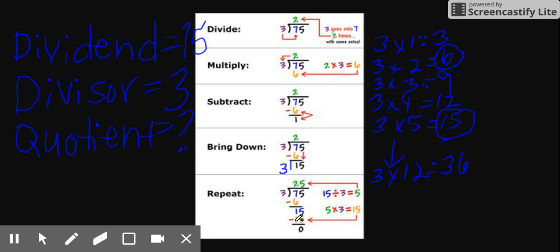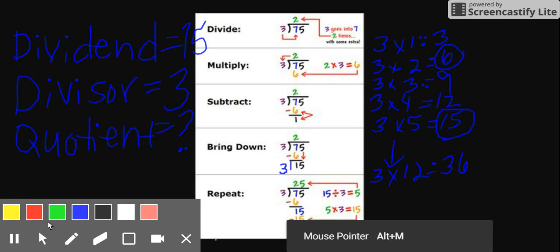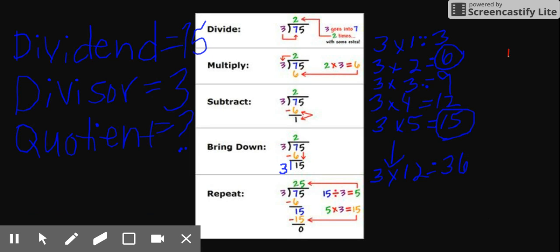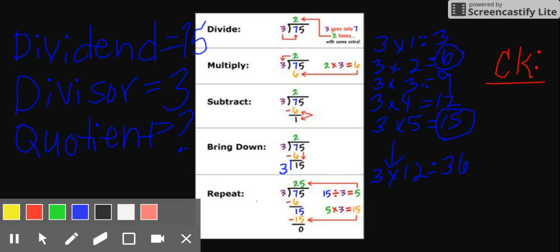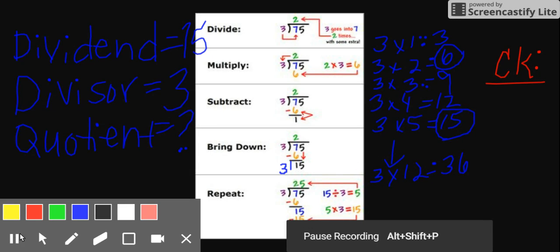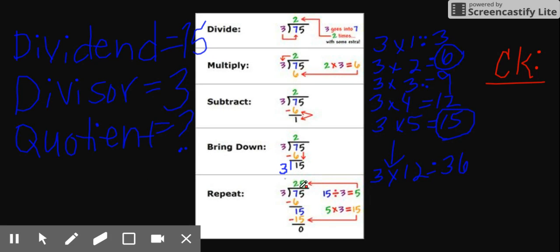And to check my problem, I'm going to change the color to red. To check my problem, all I have to do is multiply. I'm going to multiply the divisor times the quotient.